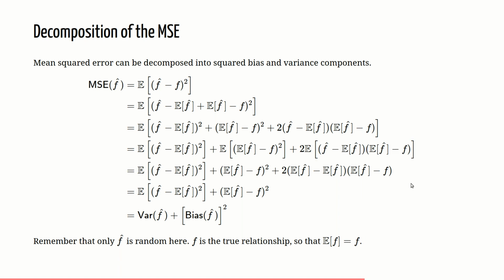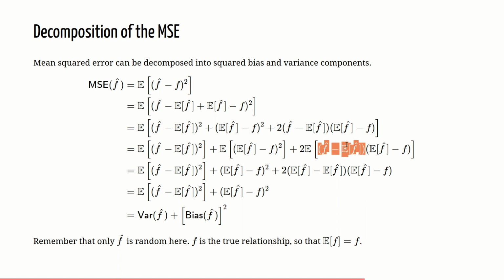When we look at this, again, we've got that same term. So this term here is a constant. Okay, we've got the expectation of a random variable that is now a constant, and then f is also a constant, right? It's not random, it's the true relationship. So again, this is a constant that we can bring out of the expectation, so we only need to run that expectation over this term.